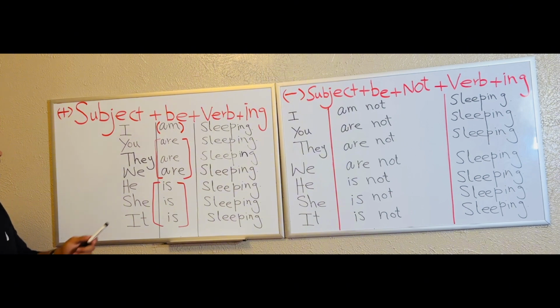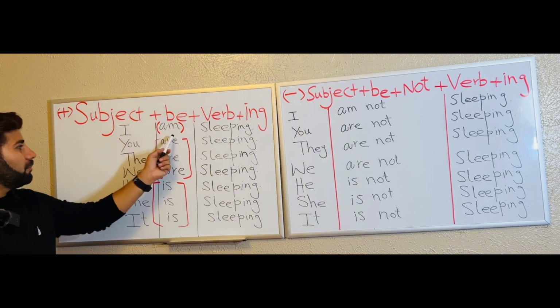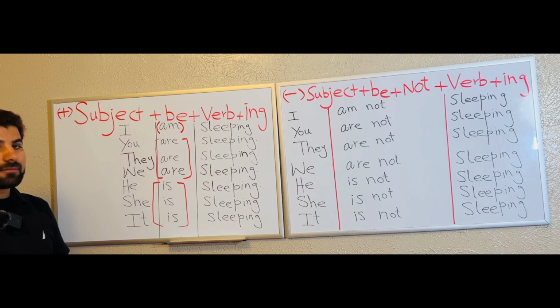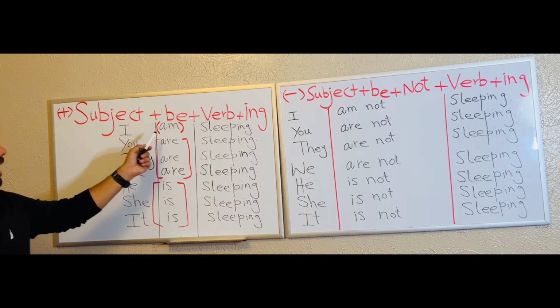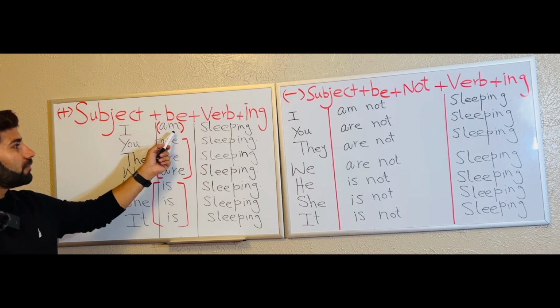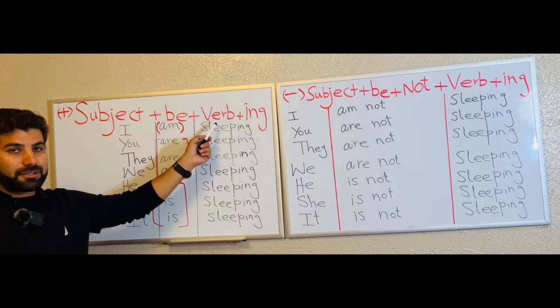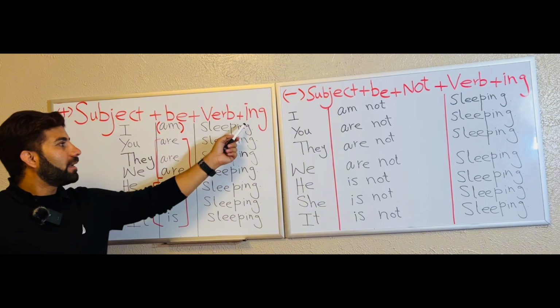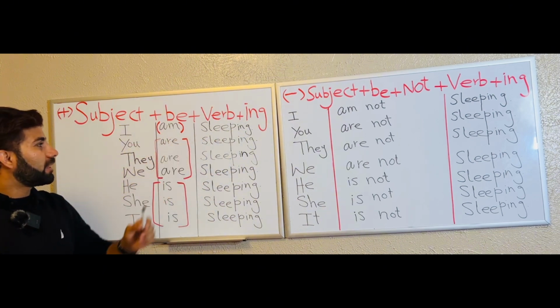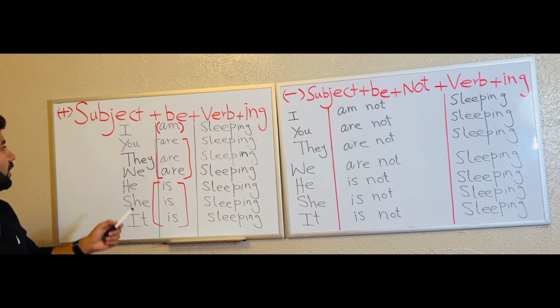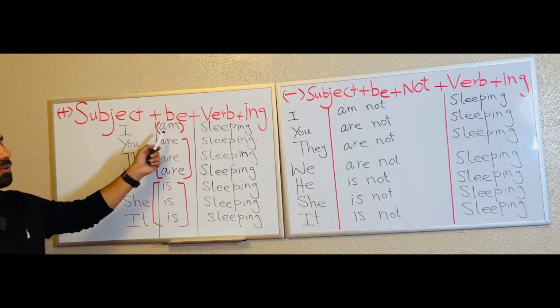For example, I am sleeping. In this sentence, I is subject, am is be verb, sleep is action verb, ing form. So I am sleeping. With I, we use am.